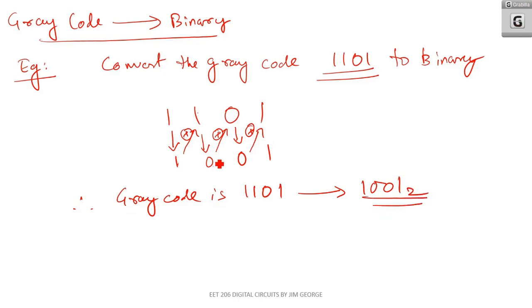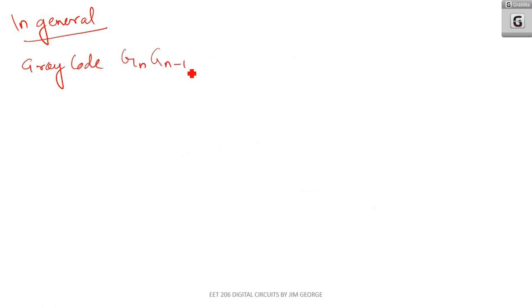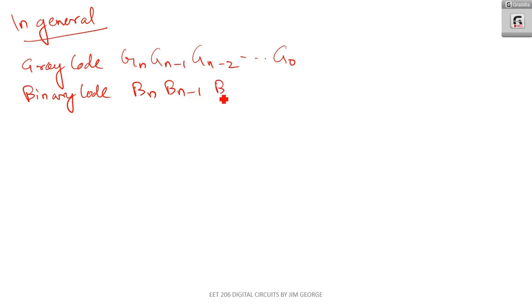So now I have shown, if a gray code is given, how to convert it into a binary code. The second part can be generalized as, in general, if a gray code is given like g(n-1), g(n-2), etc., g0, and let the corresponding binary code be b(n-1), b(n-2), etc., b0.